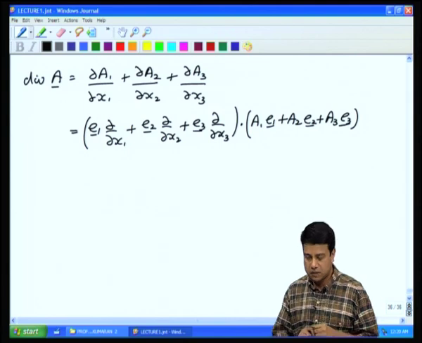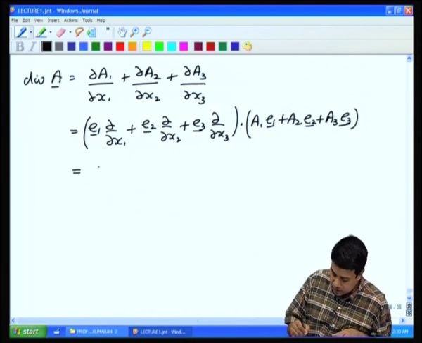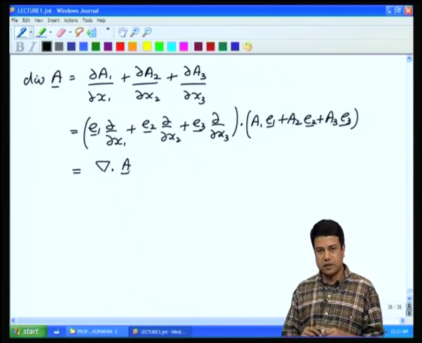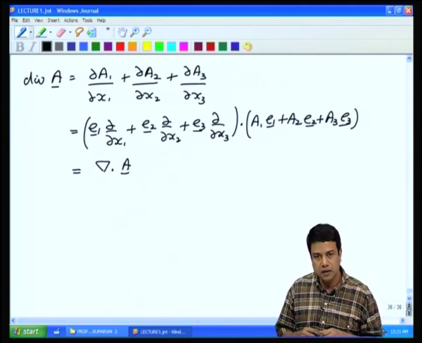Okay. So, this basically is equal to gradient dotted with this A vector. That is why the divergence is often written as del dot A.